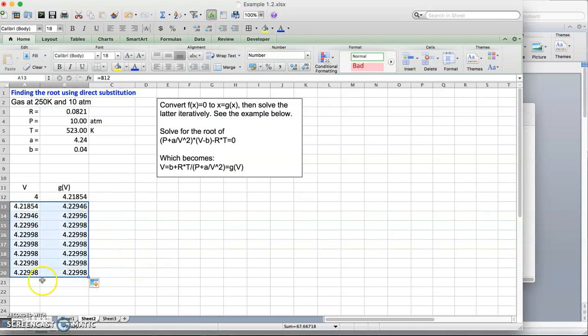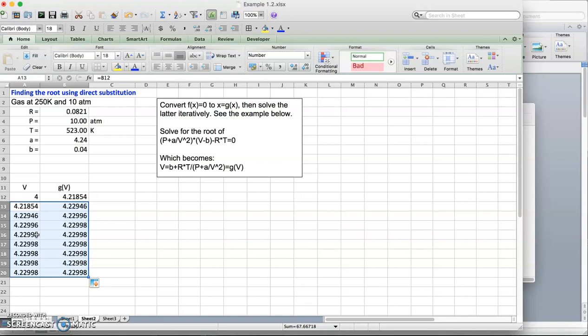We have to go all the way down until we see that v and g of v never change and they're identical. That is where we claim the root, as the value of v is not going to change, which in this case is 4.22998.